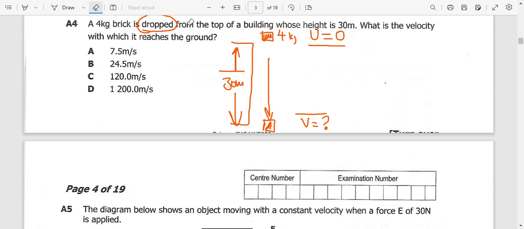Yes, an equation of motion. Okay, acceleration is equal to v minus u over t. So this equation we rearrange, and you are going to say v is equal to u plus at.